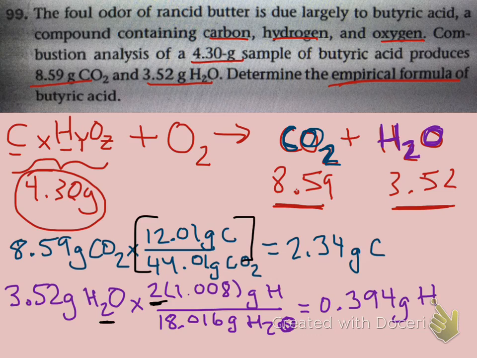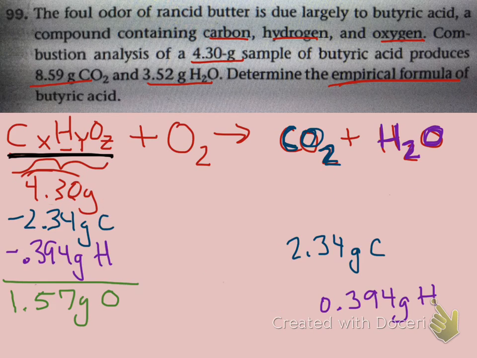Now we have the mass of carbon and the mass of hydrogen, and we know that the total mass of our butyric acid is 4.30. So pause the video and figure out the mass of just the oxygen. After subtracting out the carbon and hydrogen, hopefully you got that in our butyric acid, we're going to have 1.57 grams of oxygen. So now we have the mass of carbon, the mass of hydrogen, and the mass of oxygen.